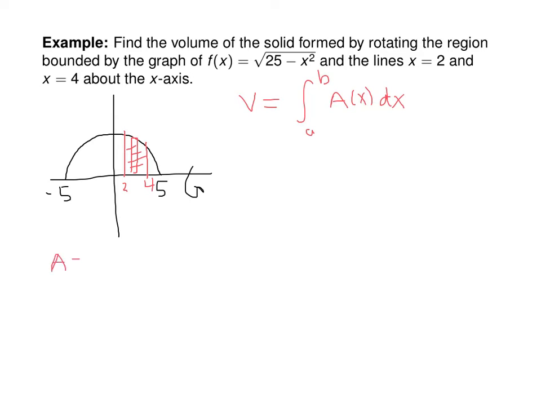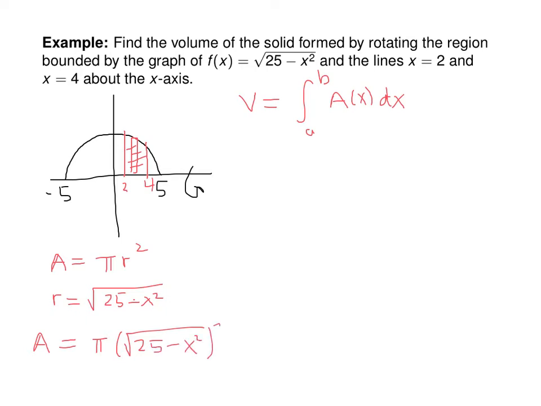So the area is pi r squared. And in this case, r is equal to the root of 25 minus x squared. So the area of my cross-section is pi times the root of 25 minus x squared, that quantity squared.